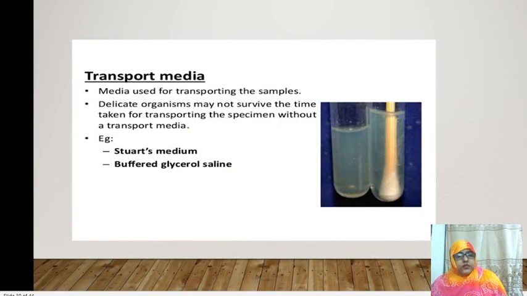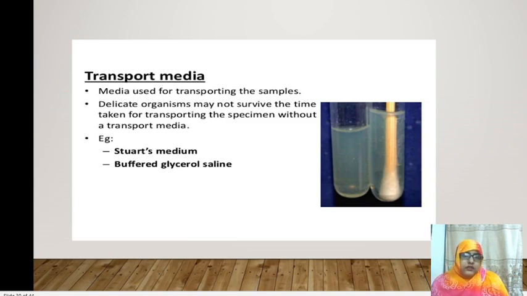Then the other media was transport media, the media used for transporting samples. Delicate organisms may not survive the time taken for transporting the specimen without a transport media. Stuart media and buffered glycerol saline media are used.